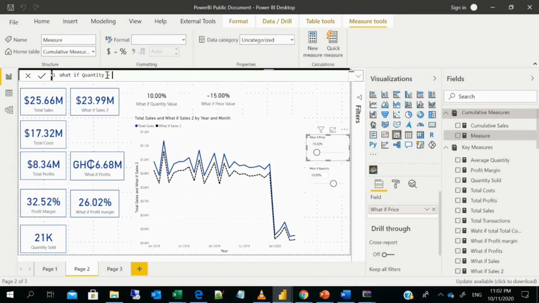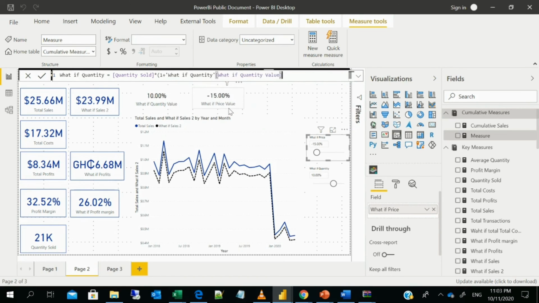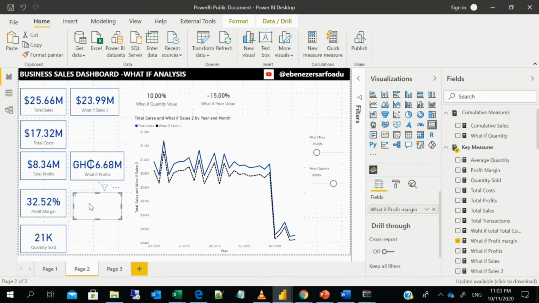So it's equal to the quantity sold times 1 plus the what if quantity value. So let's see what happens. Right. I have my what if quantity, which I can bring in as a new card, so as we can view what happens to the quantities as well.